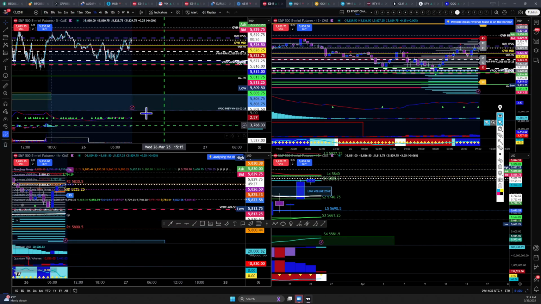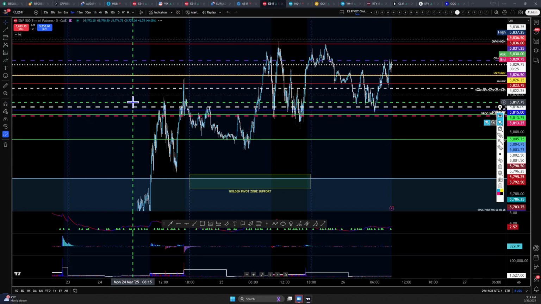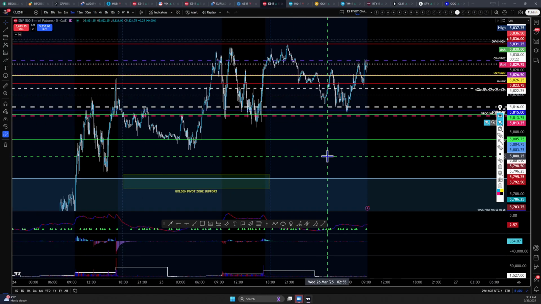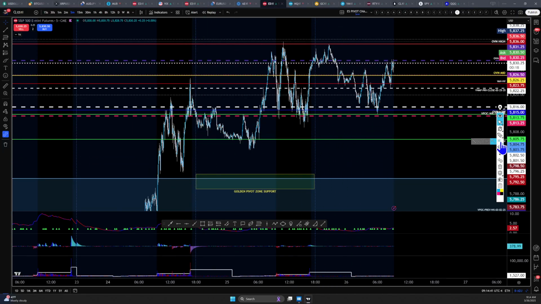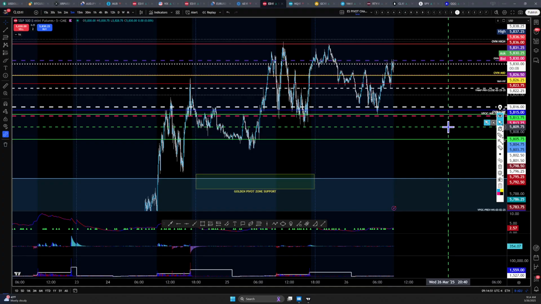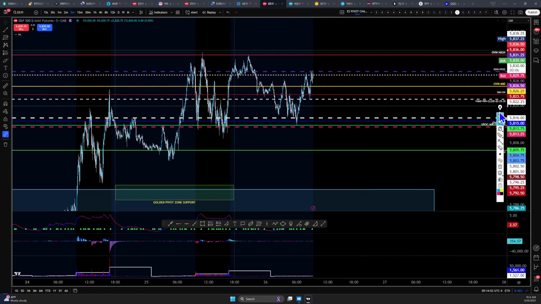Right. So let's go to the daily 5-minute chart to get some daily levels. You can see we have a bull flag here. Nice little bull flag pattern. Right. So let's throw on some Camarilla levels. And actually, let me just go over some levels that we have here right now.